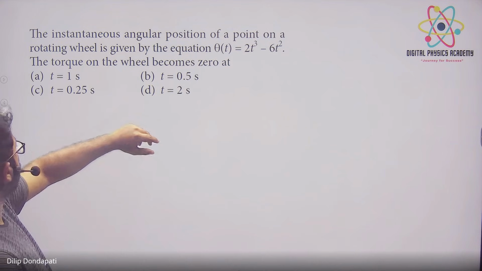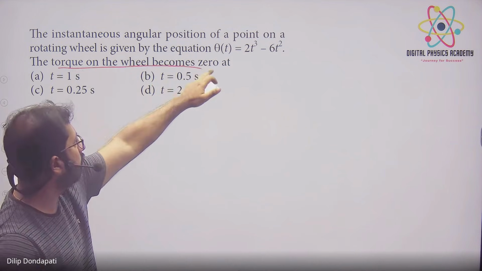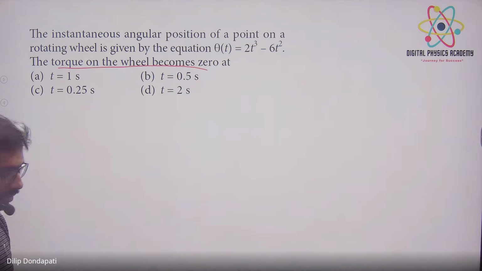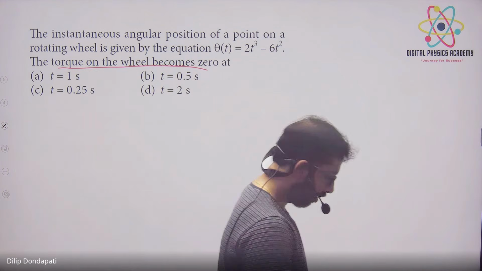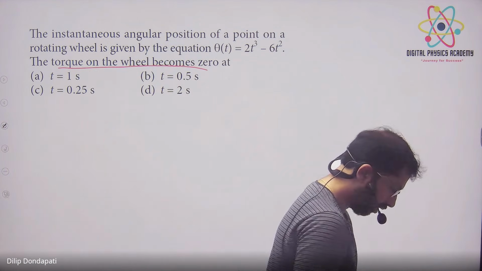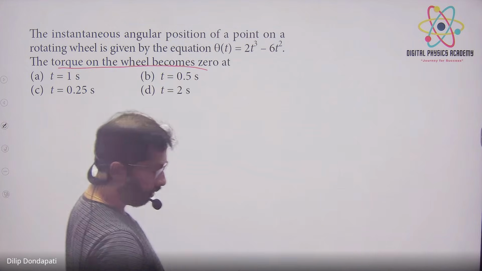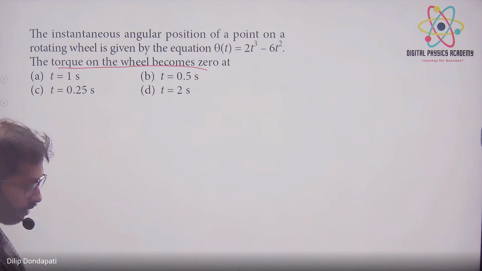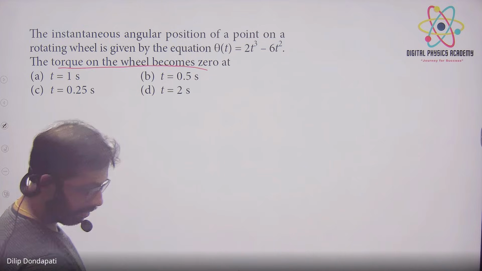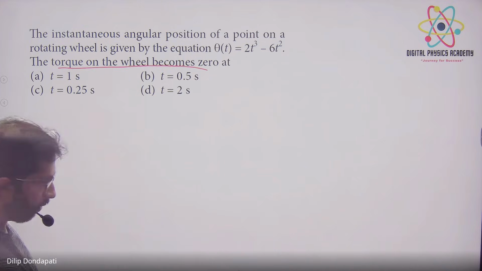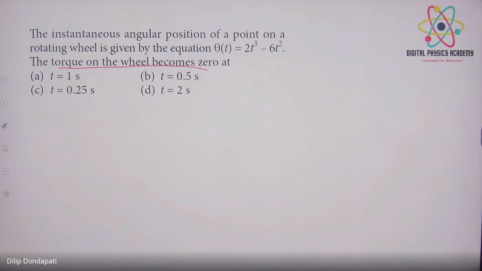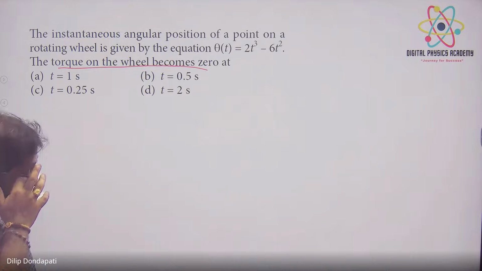Theta in terms of time is given. He's telling that torque on the wheel becomes 0 at what seconds? So we have to double differentiate it to find alpha, right?